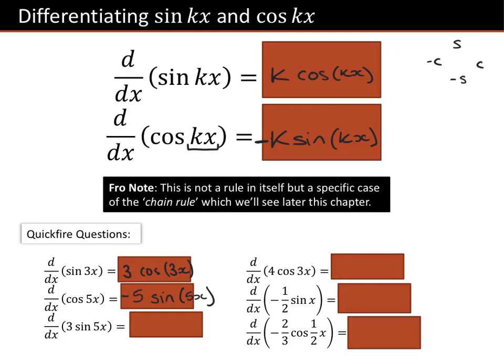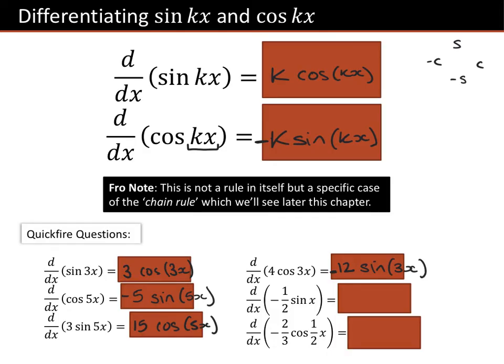The differential of 3 sine of 5x, well, sine differentiates to cos. 3 times 5 is 15 cos of 5x. The differential of 4 cos of 3x, we're going to have 3 times 4, which is 12. We know cos differentiates to minus sine, so we're going to have minus sine of 3x.